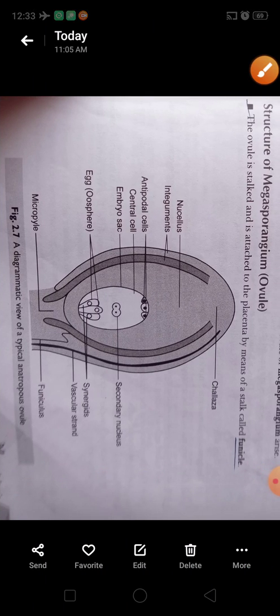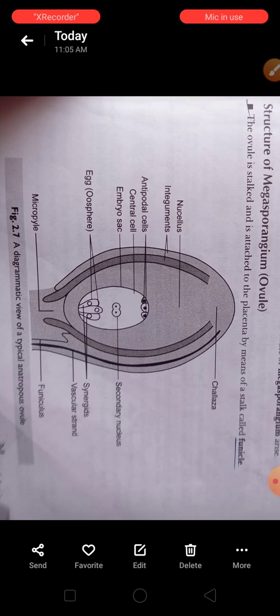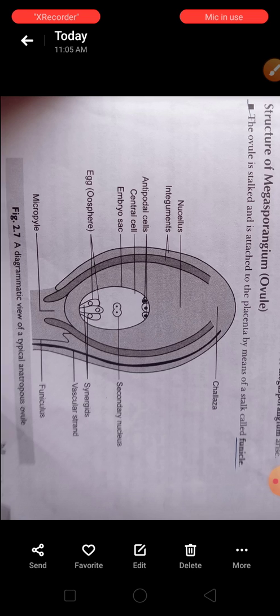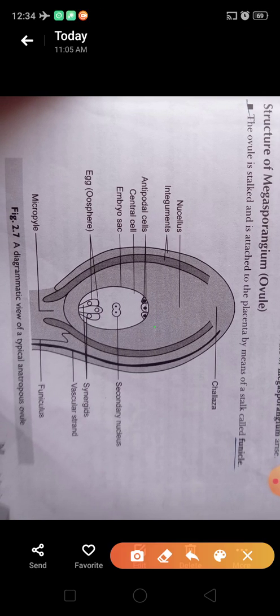This is the ovule that is found in the gynoecium. In this ovule, the three cells that are found at the chalazal end are known as the antipodal cells, and the two cells that are found in between are known as the secondary nucleus, also known as the polar nuclei.